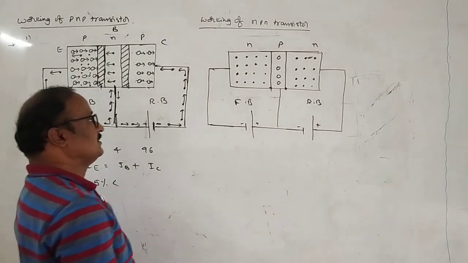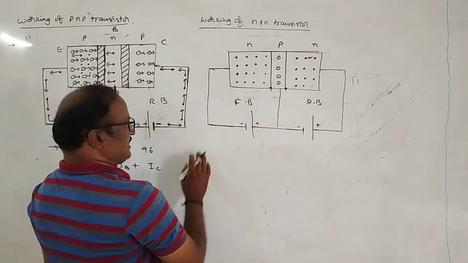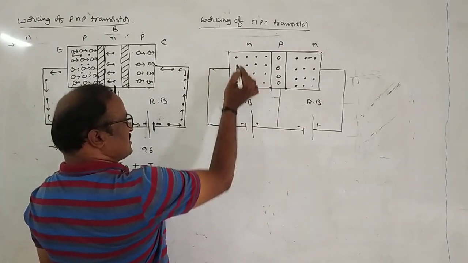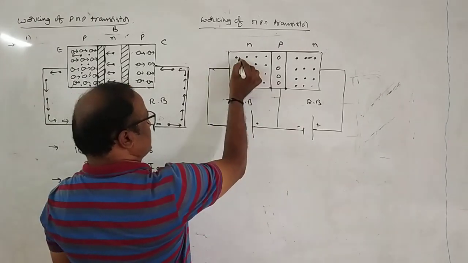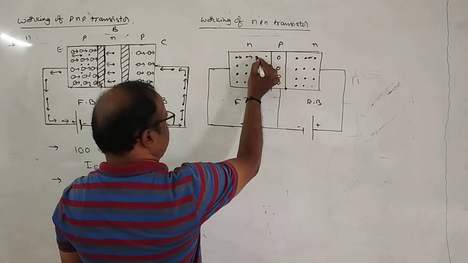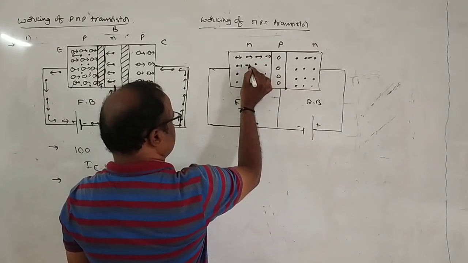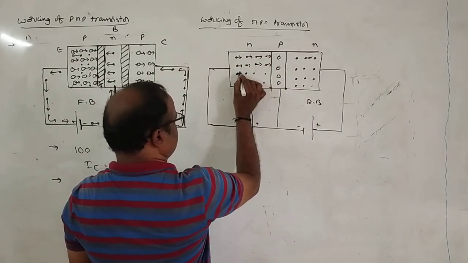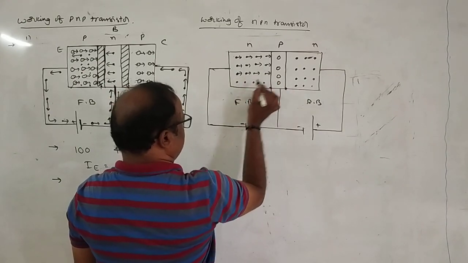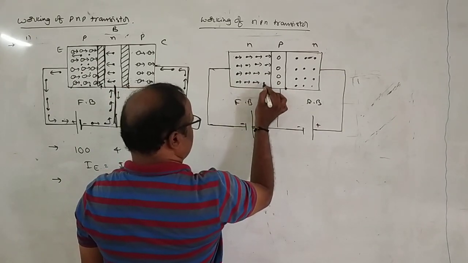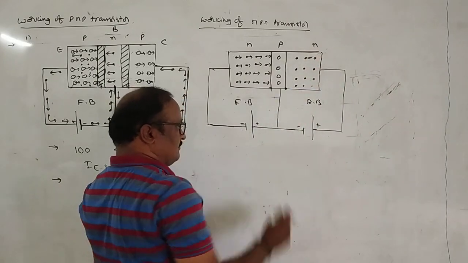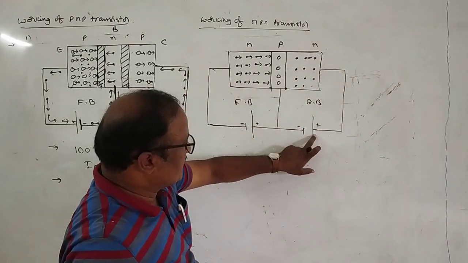Observe it. In the case of the emitter region, electrons are strongly dependent on the negative polarity, that's why they tend to move towards the p-type. And again, the collector region is connected to the positive polarity of the other battery.